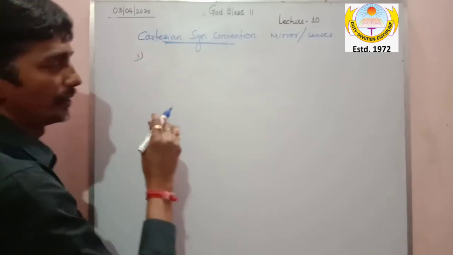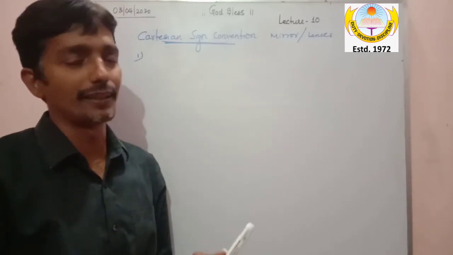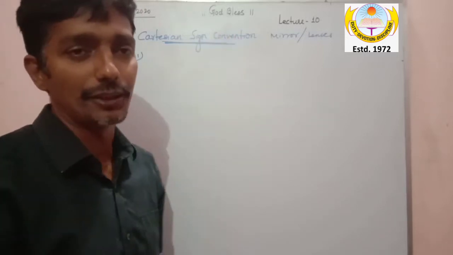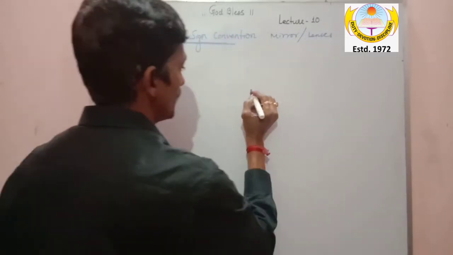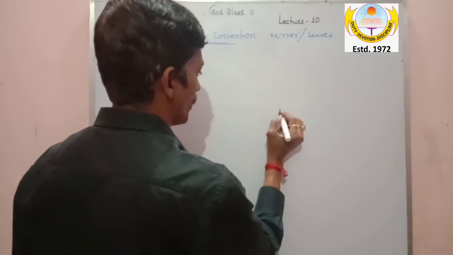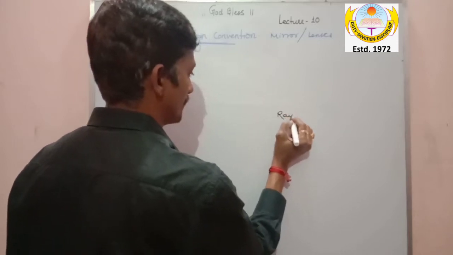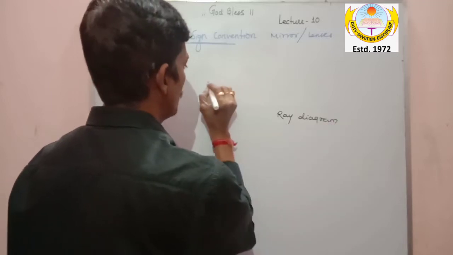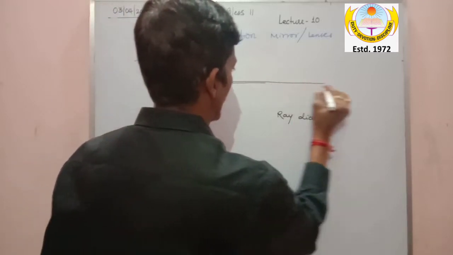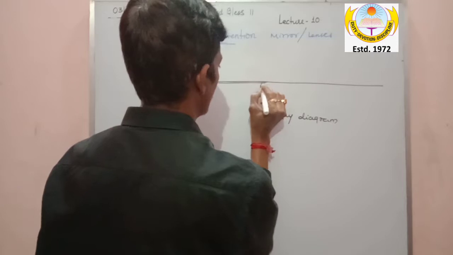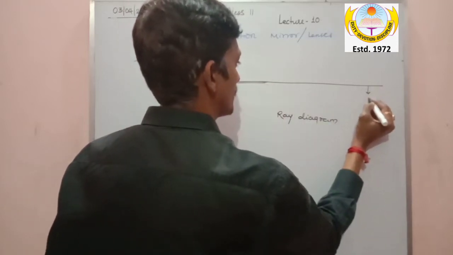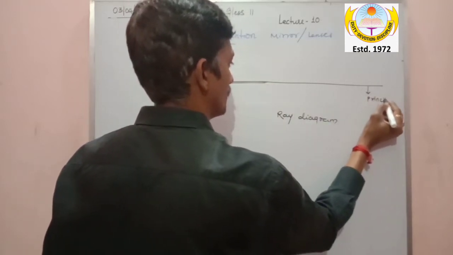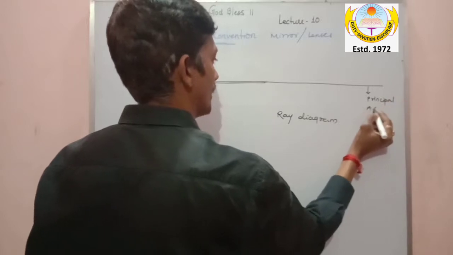The very first point: look at this diagram to understand the Cartesian sign conventions. You all know that whenever we draw a ray diagram, we first draw a straight line called the principal axis.